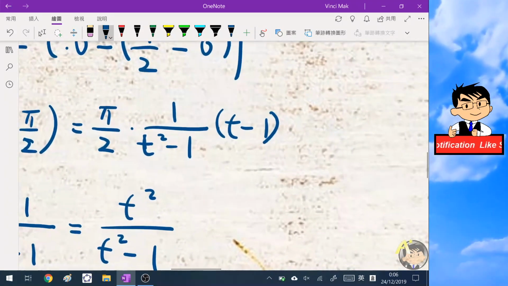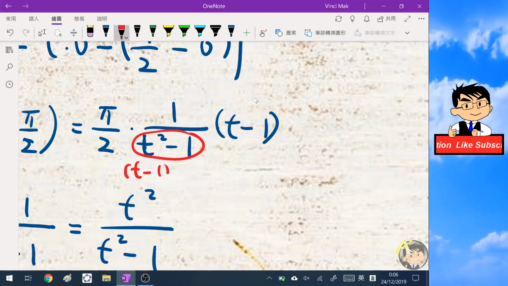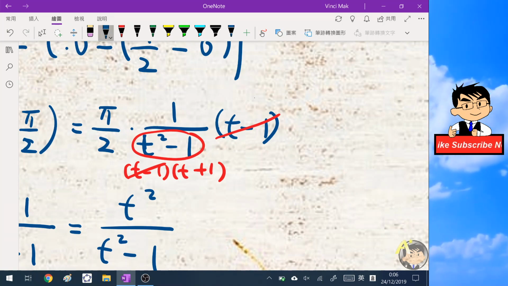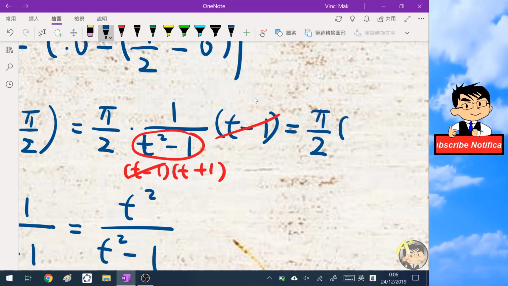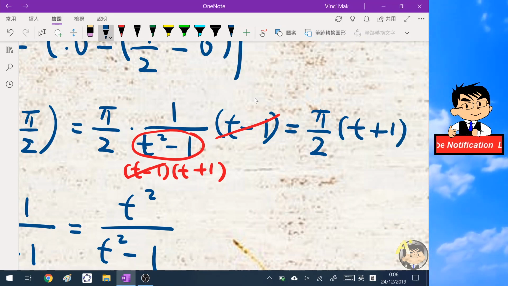And then notice that the denominator, we can factorize it into t minus 1 and t plus 1. So these two factors will cancel out, and we will have pi over 2 times 1 over t plus 1. And this is very nice now.